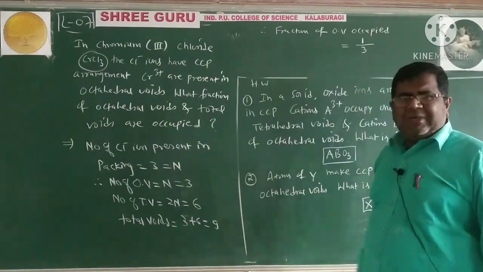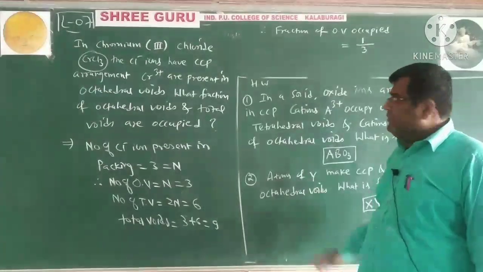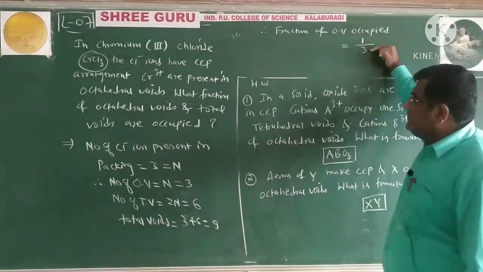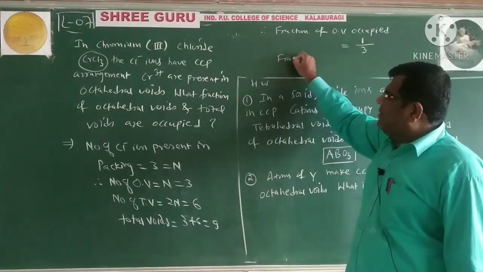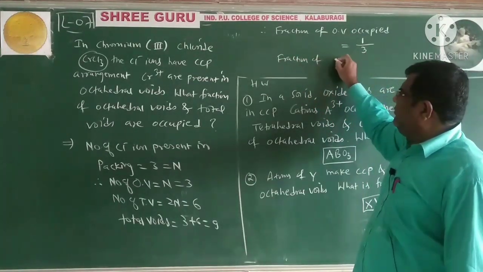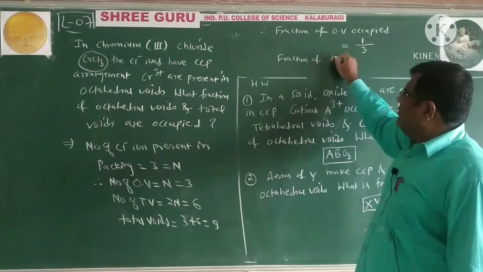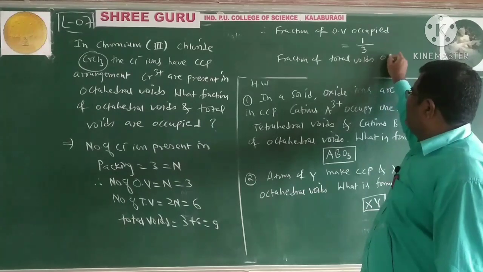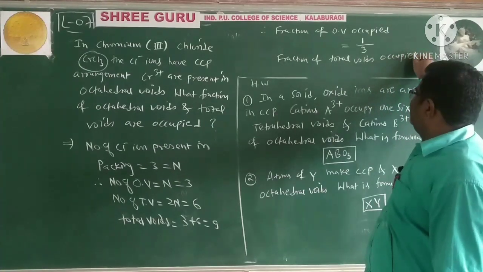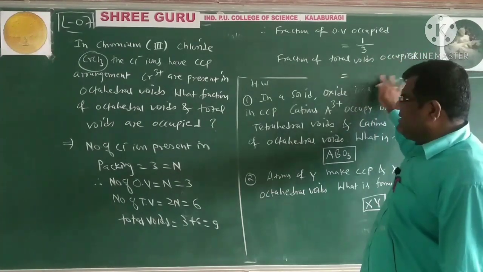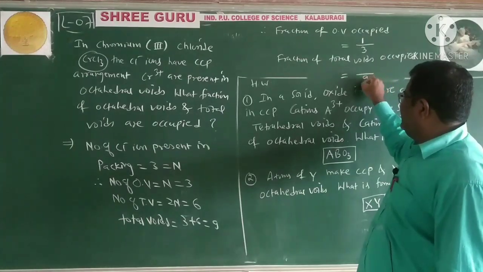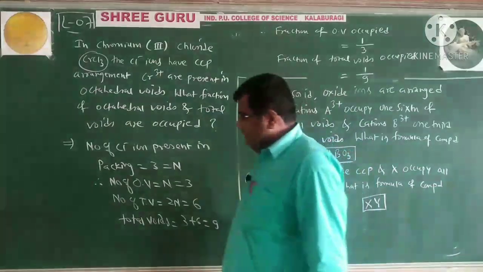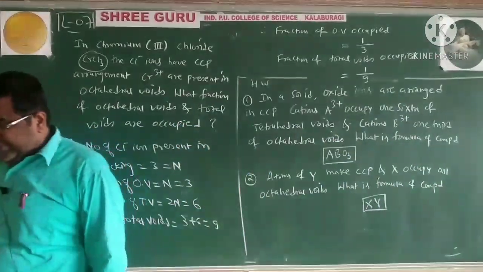So it is 1 by 3 is the fraction. Fraction of total voids occupied, because they asked that also. Total voids are 9. How many chromiums are there? 1. So it is 1 by 9. In that way we can complete this question.